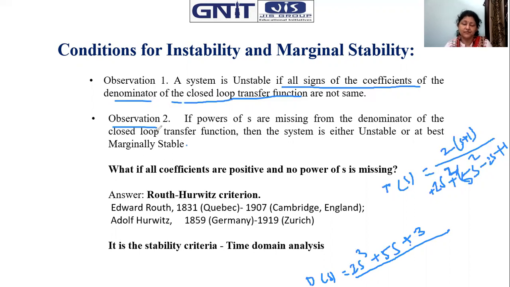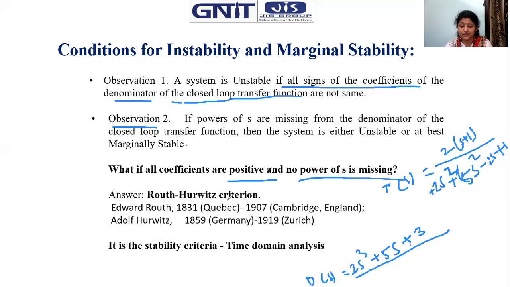These are two experimental observations that may be observed through different kinds of experiments. Okay, now what if all the coefficients are positive and no power of s is missing? From this conclusion, two scientists, Routh and Hurwitz, prescribed a criterion to get the stability analysis of the stable system.